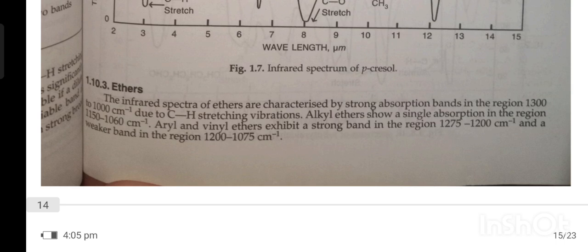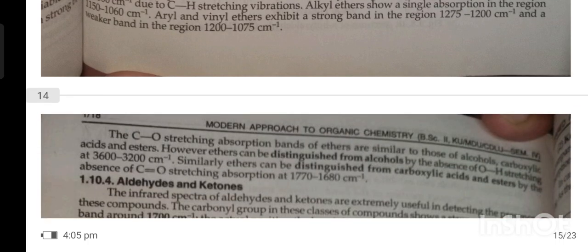Alkyl ethers show a single absorption in the region 1150 to 1060 cm⁻¹. Aryl and vinyl ethers exhibit a strong band in the region 1275 to 1200 cm⁻¹ and a weaker band in the region 1200 to 1075 cm⁻¹. The CO stretching absorption bands of ethers are similar to those of alcohols, carboxylic acids, and esters.